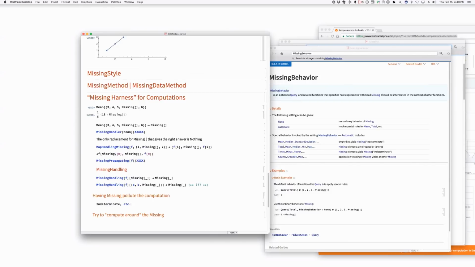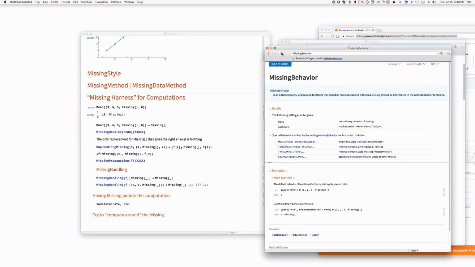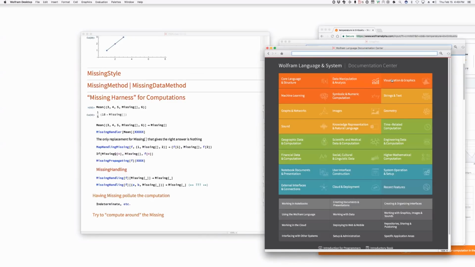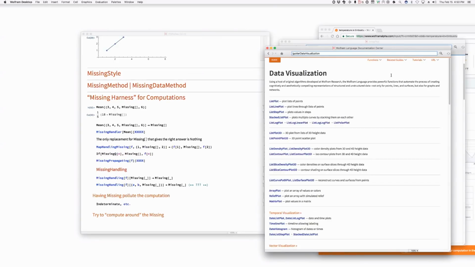And that's a place where we need to fix this. So let's take a look at the root guide page and look at our visualization functions and remind ourselves what's there. I'm sure you know this much better than I, but every one of these we can ask what the deal is.